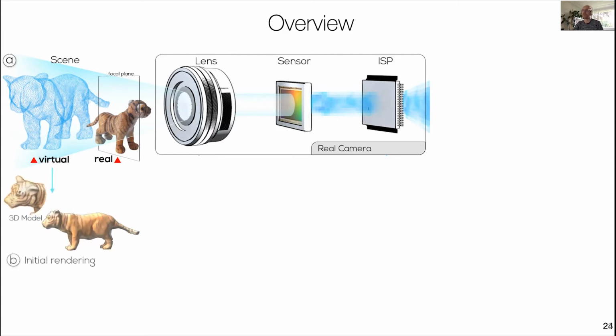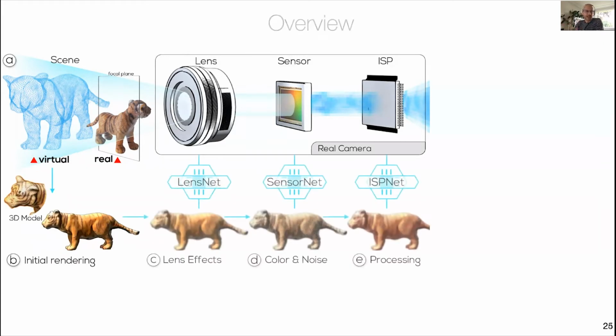to reverse engineer. So our approach is that we have an initial rendering, and then that we actually want to learn the camera characteristics. So that we want to learn what is actually characterizing that lens, what is characterizing the specifics of that sensor, and actually of the processing, which is then done on a chip.